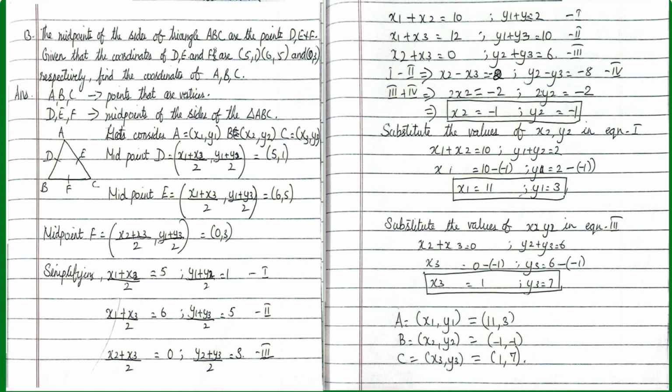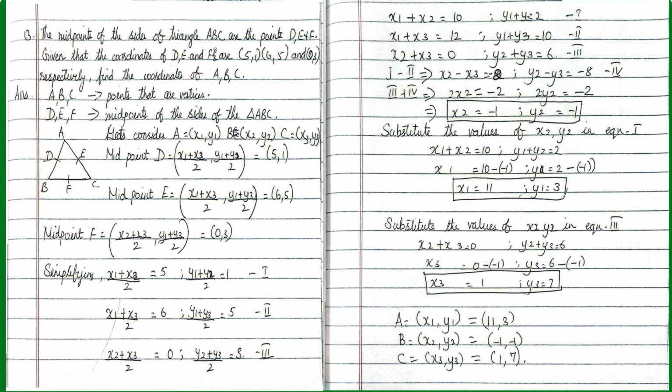Now moving on to the midpoint F, it is (x2 + x3)/2 is equal to 0 and (y2 + y3)/2 is equal to 3. We assume this to be equation number 3. Now we are simplifying equations 1, 2 and 3, making them like linear equations: x1 + x2 is equal to 10 and y1 + y2 is equal to 2.